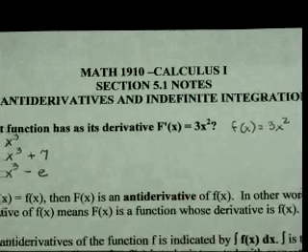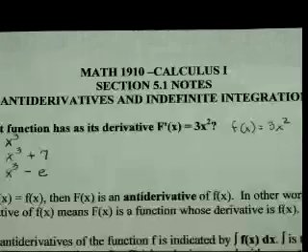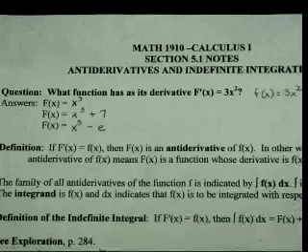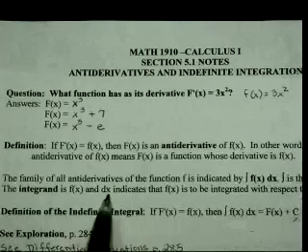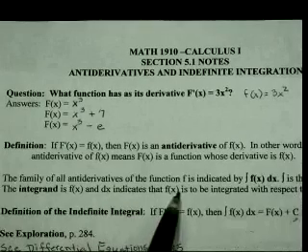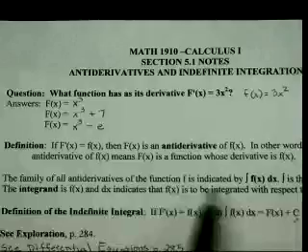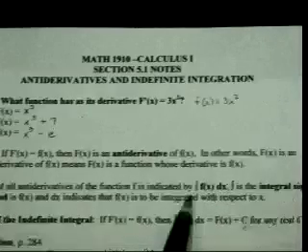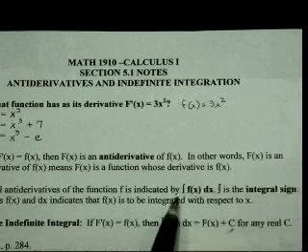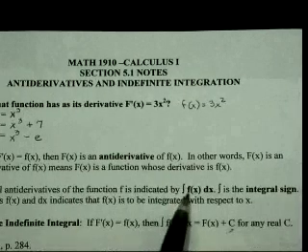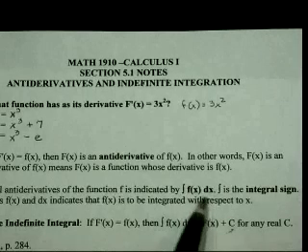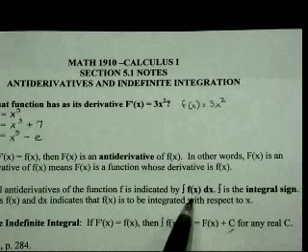All right, a little bit more terminology, and then we're going to look at some things in the book. The family of all antiderivatives of the function little f is indicated by this new symbol. This new symbol is called the integral symbol, or the integral sign. When we write an integral sign in front of f of x dx, that means the whole family of antiderivatives of little f of x.